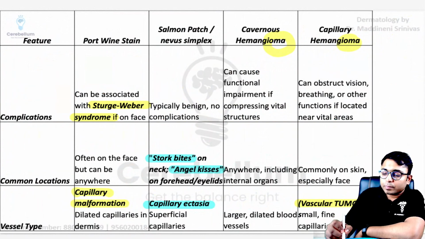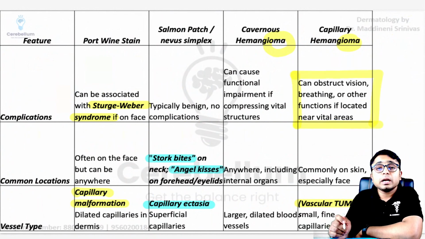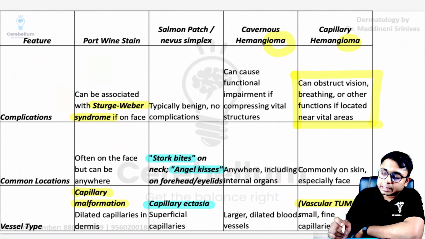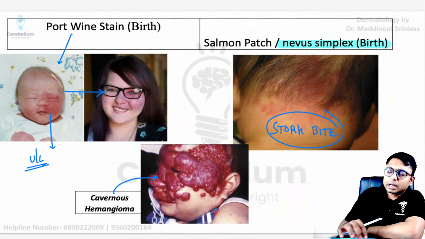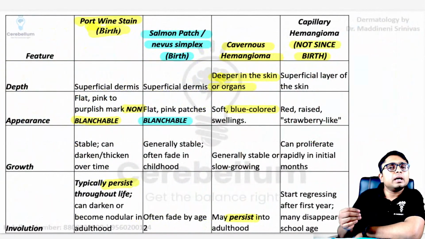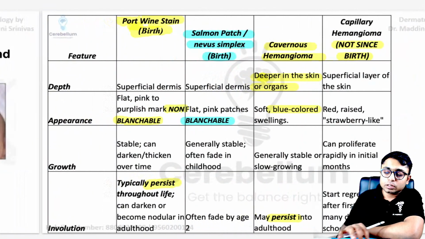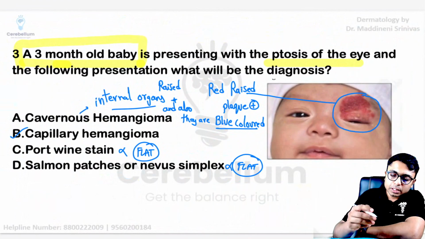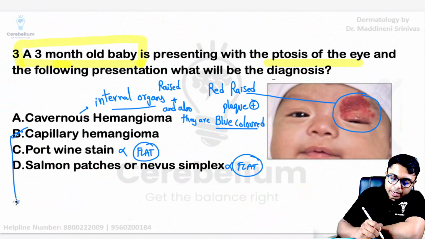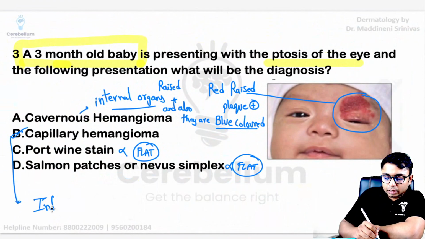Okay, so this is how you can differentiate these conditions, and you can see this capillary hemangioma can obstruct the vision. And not only that, if it is present in the airway, it can also obstruct and cause difficulties in the breathing. So whenever a child is having the lesions of capillary hemangioma, it is also called infantile hemangioma. That could be the other name which can be mentioned in the question.